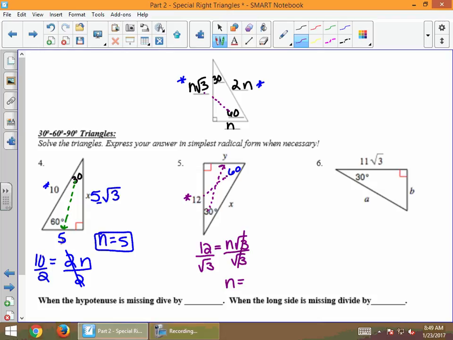Whenever you're dividing by a radical, just do 12 divided by 3, which is 4. Write the radical that's in the bottom. And again, that is representing your short side. So our short side is 4 radical 3.